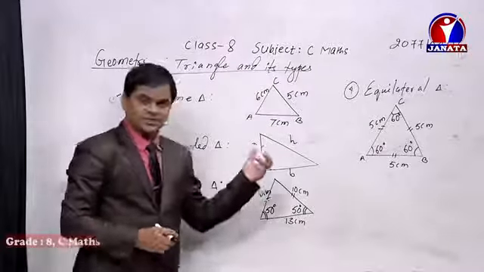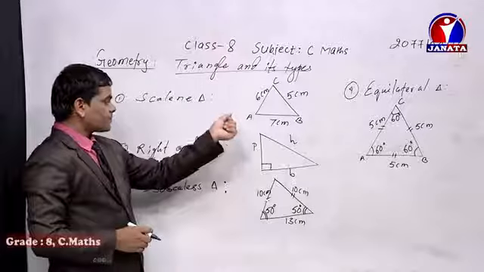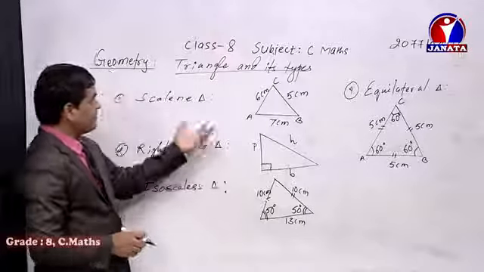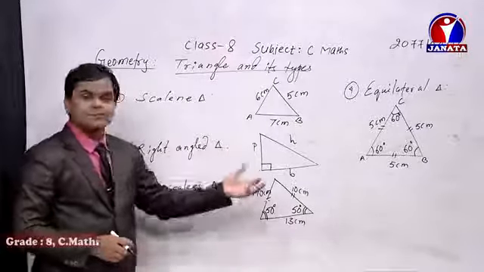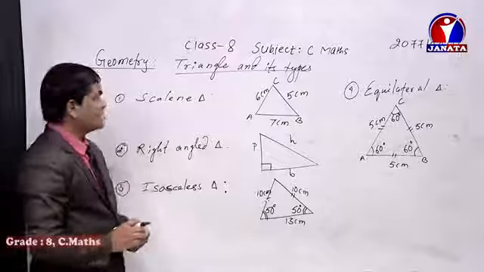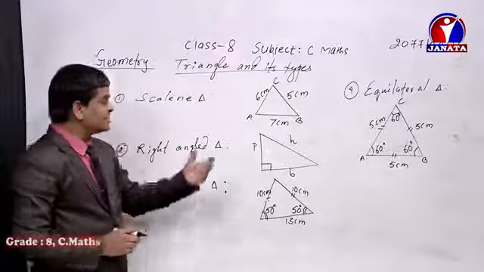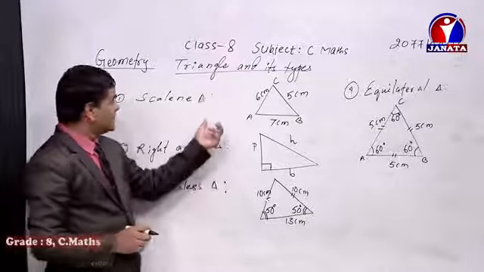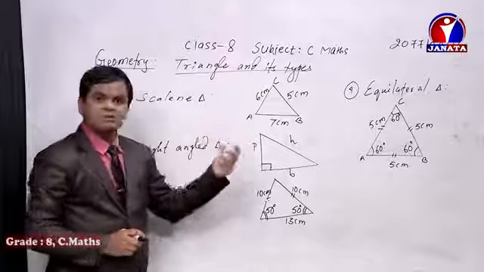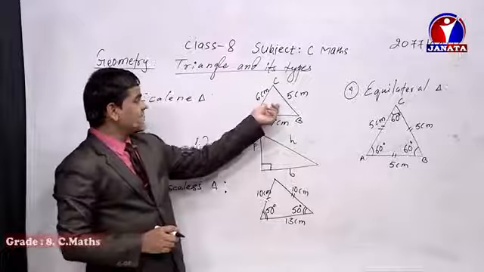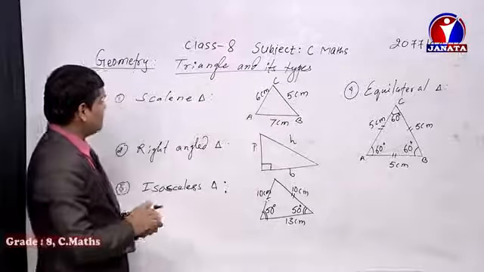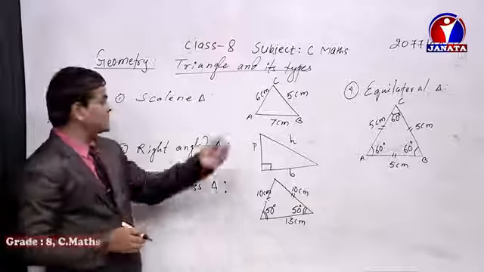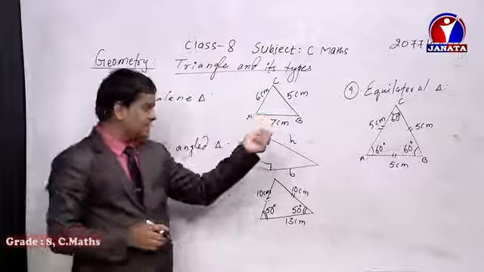And in case of the formula regarding finding out the area of the different types of triangles, we'll discuss the formula in the mensuration chapter. As it is the geometry chapter, we don't need the formulas here, but I also want to say, for the scalene triangle, the formula of area becomes root under s bracket s minus a, s minus b, s minus c.